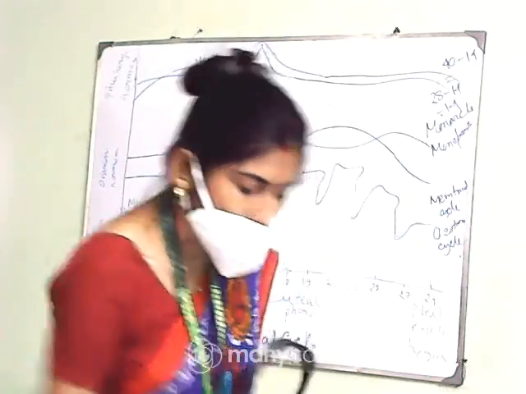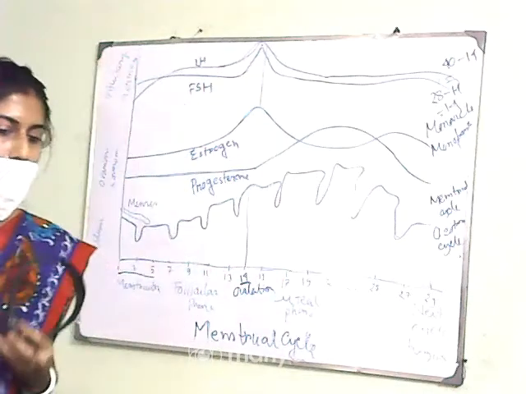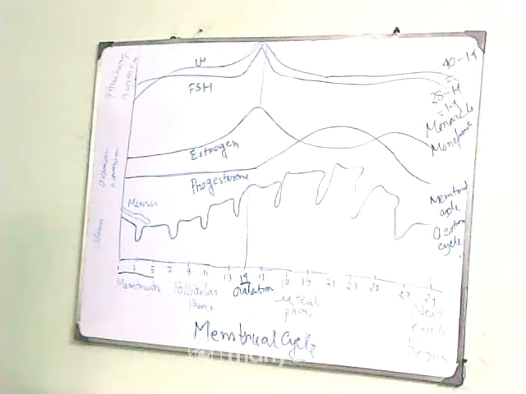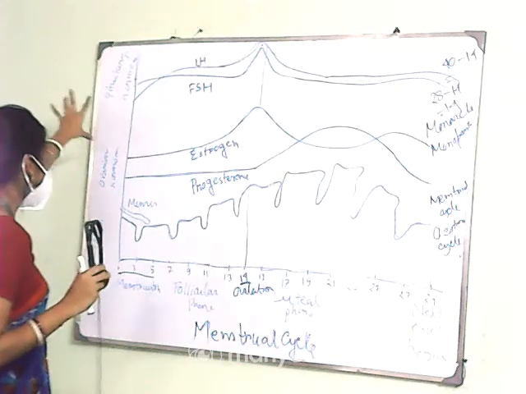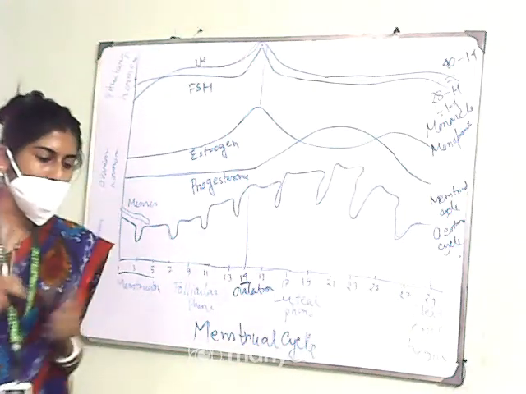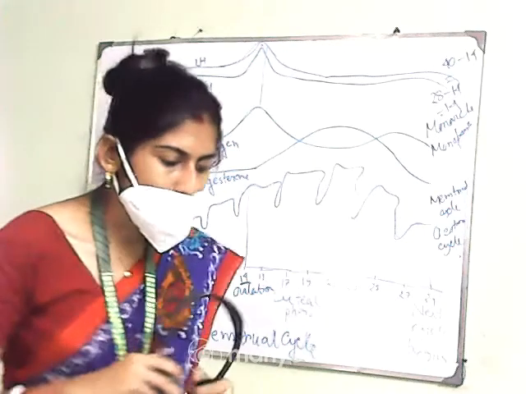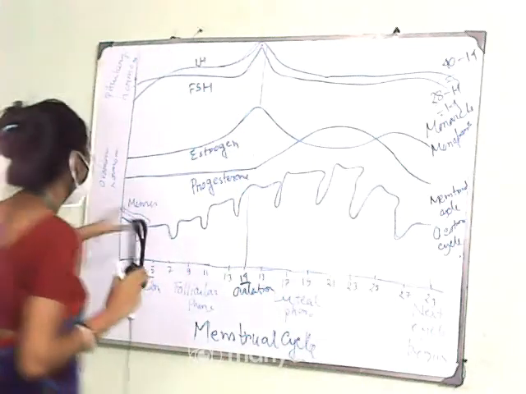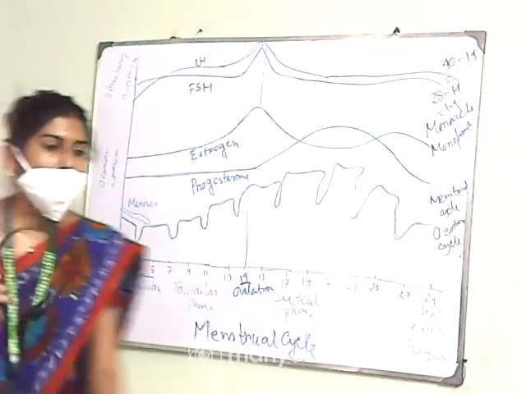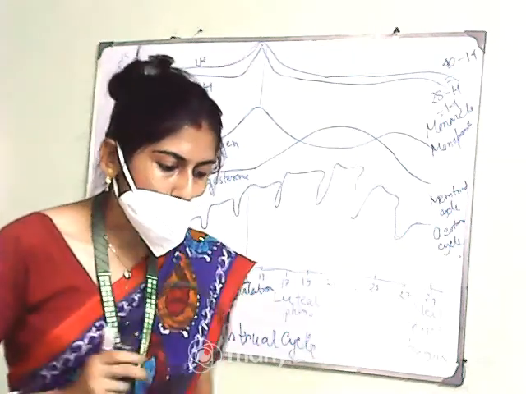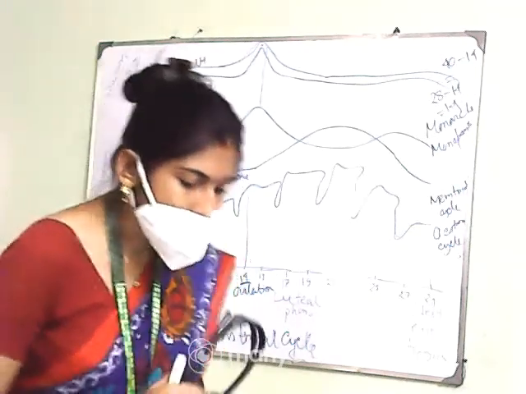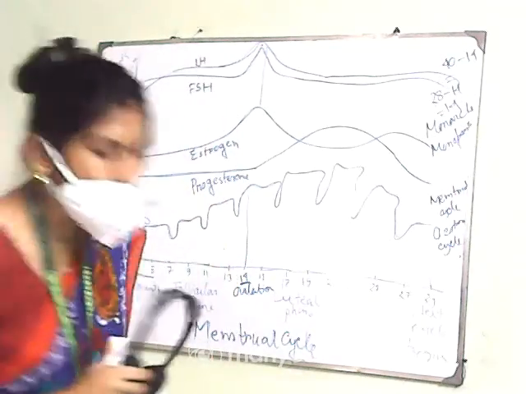Now come back to the different hormonal parts which are playing a role in the menstrual cycle. First come to the pituitary hormone, then to the ovarian hormone. So the secretion of the gonadotropins, that means LH and FSH, will increase during the follicular phase.